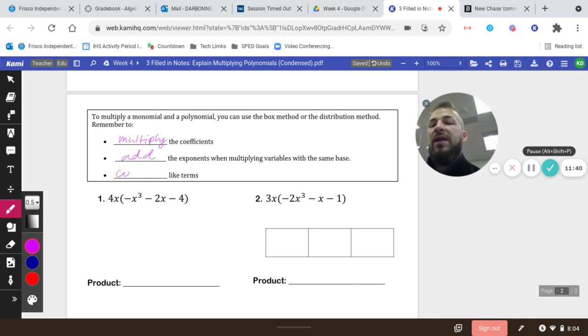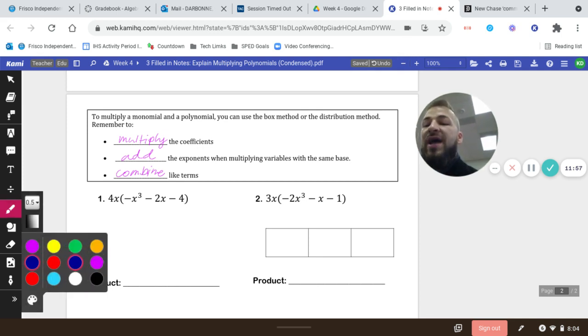And we want to combine like terms. So really, it's all the same steps. We're just distributing that single term outside, and that term is going to have an x instead of just being like a number. Okay, so let's start with 4x times negative x cubed.